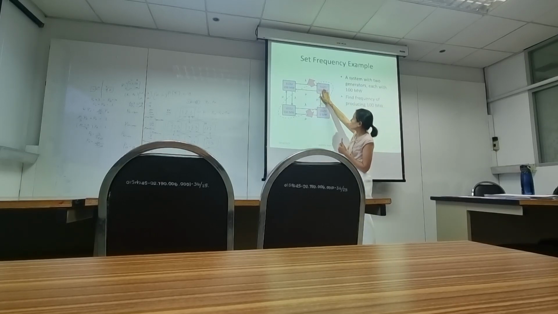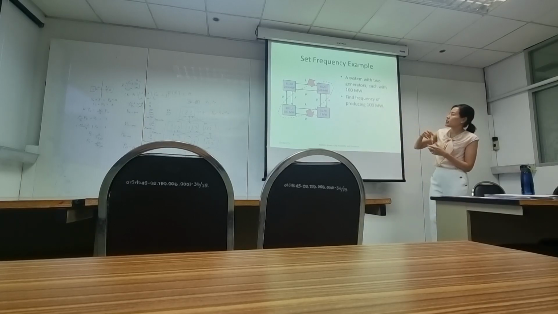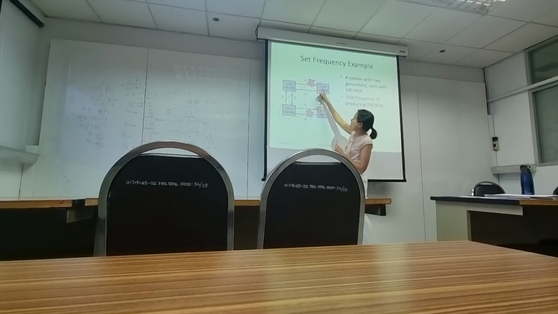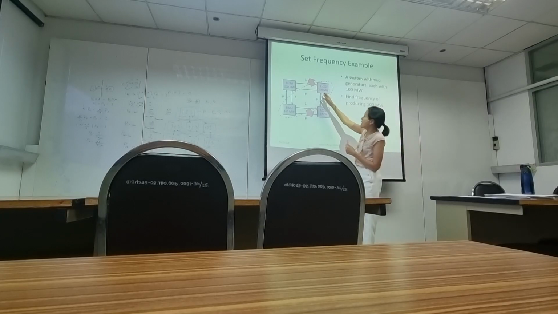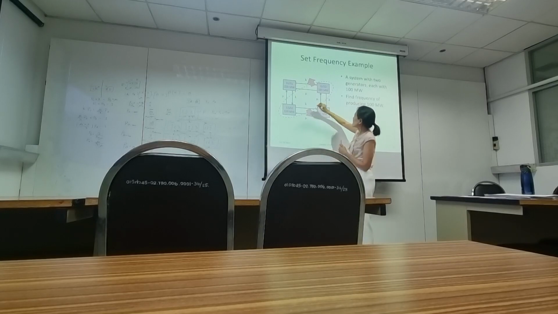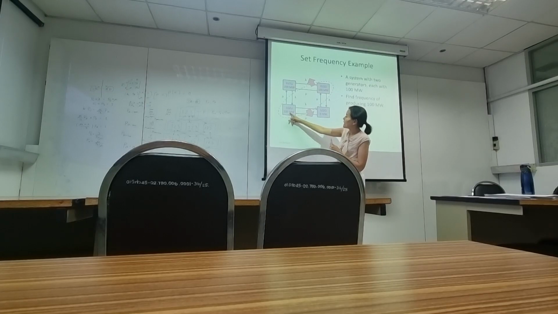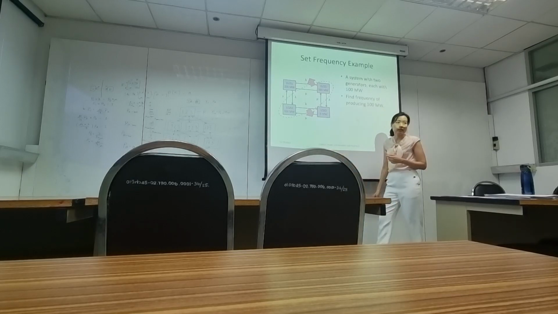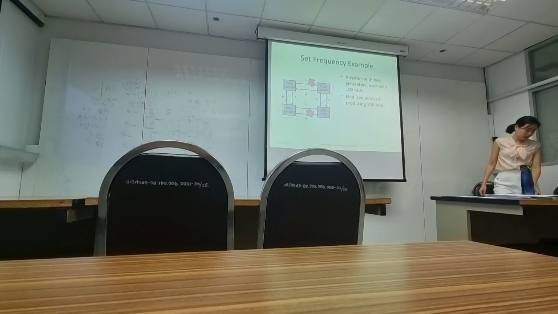So this is your state with 100, and this is another state with 100, right? So you draw the boundary. You see that the frequency of going out, producing 100, is the probability here times this transition, plus the probability here times this transition, and the probability here times this transition, and the probability here times this transition. And that's how you can find the set frequency of producing 100.